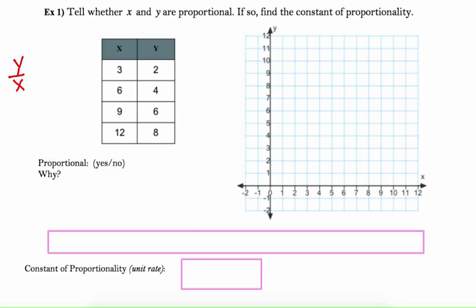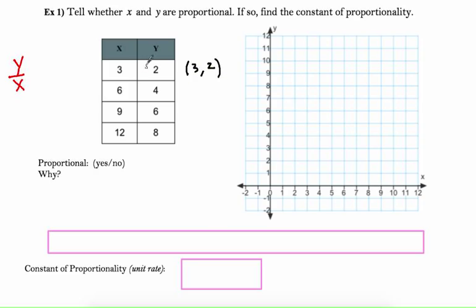Now, instead of doing that, this time we're just going to be graphing the values. So here, our first values of x and y are 3 and 2. And if you write that as a coordinate, that's (3, 2).